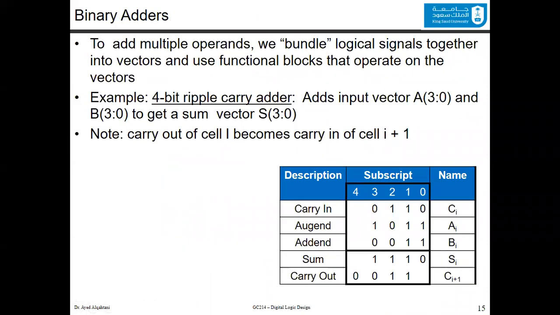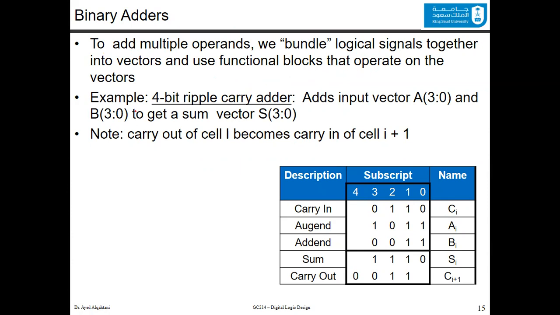So now we will check multiple bit addition. In the idea of the binary adders, to add multiple operands, we bundle logic signals together into vectors, and we use functional blocks that operate on vectors.